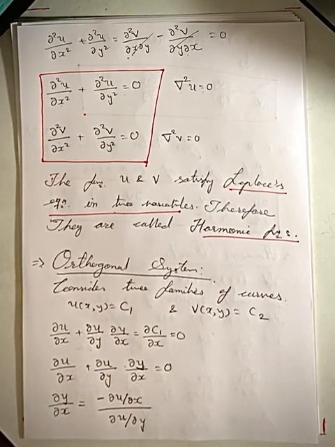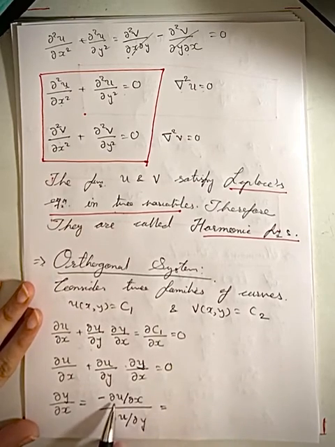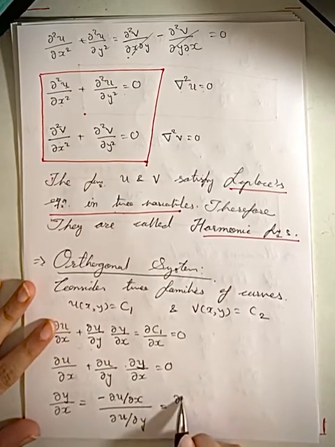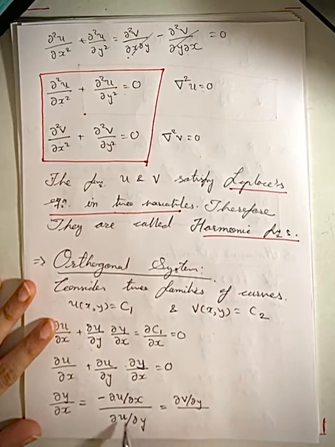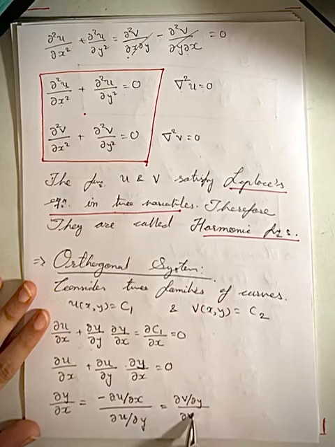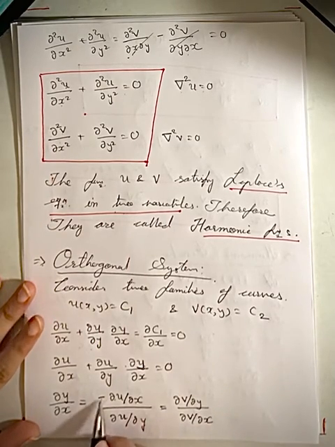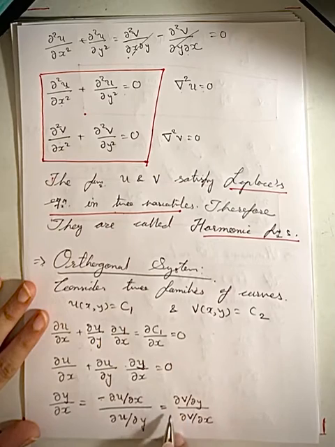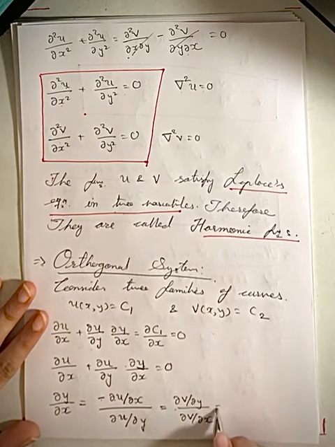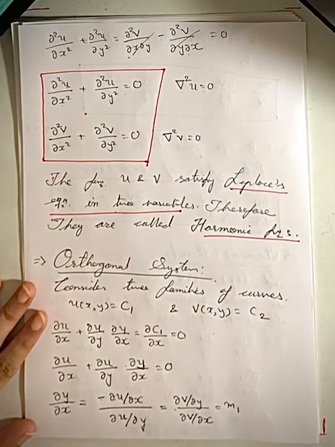Now we know from CR equations that del u by del x is nothing but del v by del y, and del u by del y is minus of del v by del x, but then that minus and this minus cancel out, and we will have a resultant positive sign. I call this relation M1.